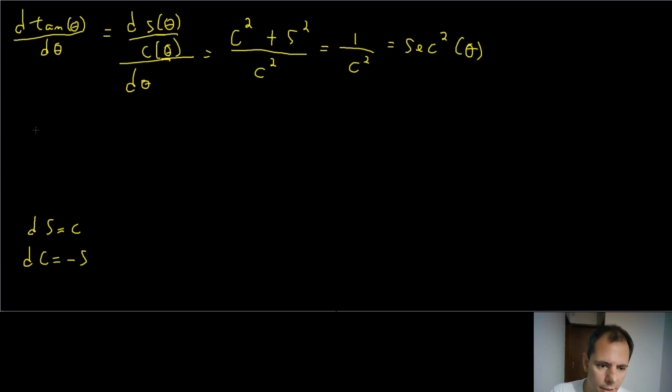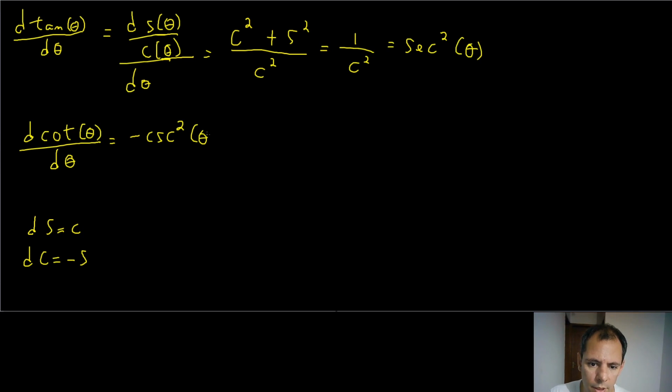You're going to find, by following the same thing, that the derivative of the cotangent of theta with respect to theta equals the minus cosecant squared of theta.